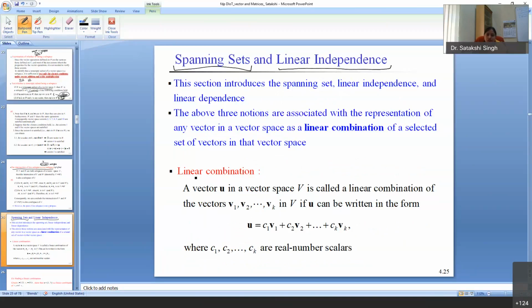So first, I have already explained to you the linear combination. You have already known that a vector U in a vector space is called a linear combination of some other vectors V1, V2, Vk, as it is given here, if U can be written in this form as a linear combination of the vectors V1, V2, and Vk, where C1, C2, Ck are real numbers or scalars.